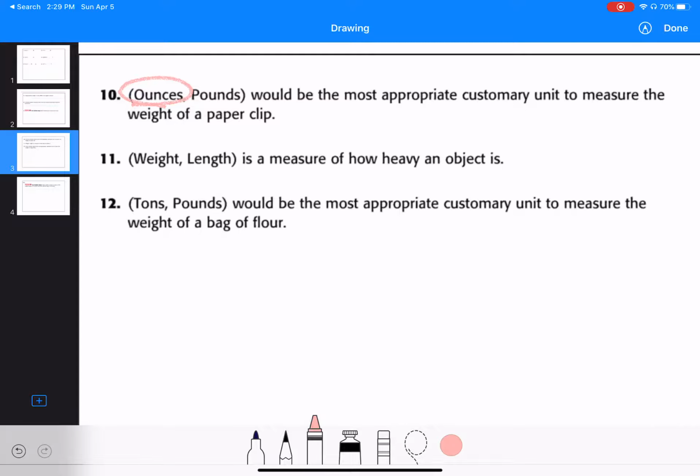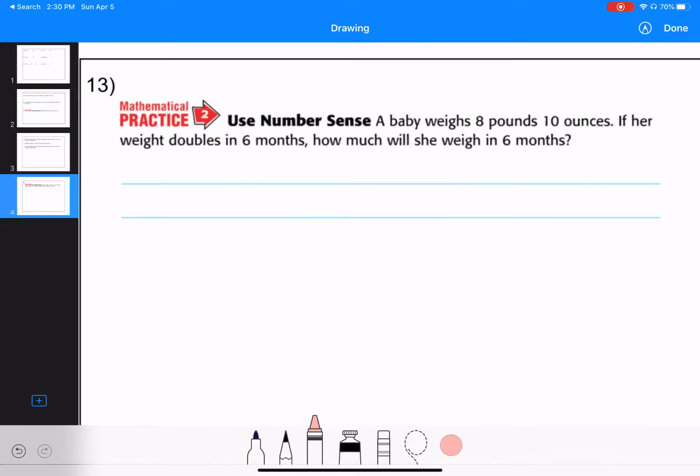Well, last week we learned about length and how long something is, so weight is the unit that measures how heavy something is. Would be the most appropriate customary unit to measure the weight of a bag of flour? Well, a ton would be 2,000 pounds. Therefore, 1 pound or pounds would be the right measurement for the amount of flour in a bag. You could buy flour by how many pounds it is.